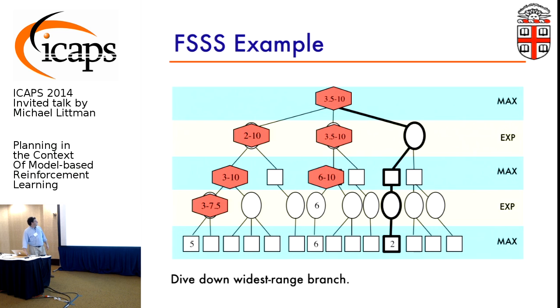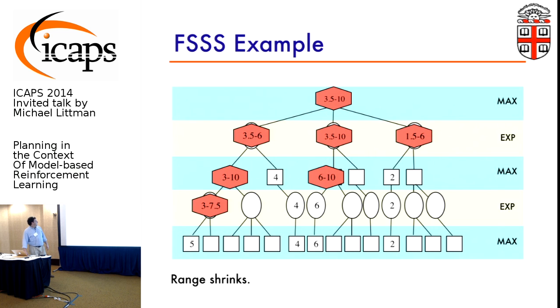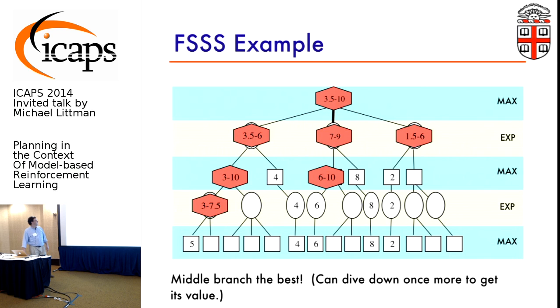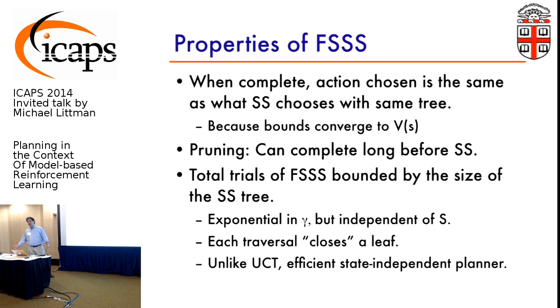And I can do this a number of times. What I can show is that at some point it will stop, which is good. The maximum amount of time it'll take before it stops is the size of the tree, which would be bad if that happened, but at least it's not running forever. And in fact, it can prune a tremendous amount off from what the full tree would require.